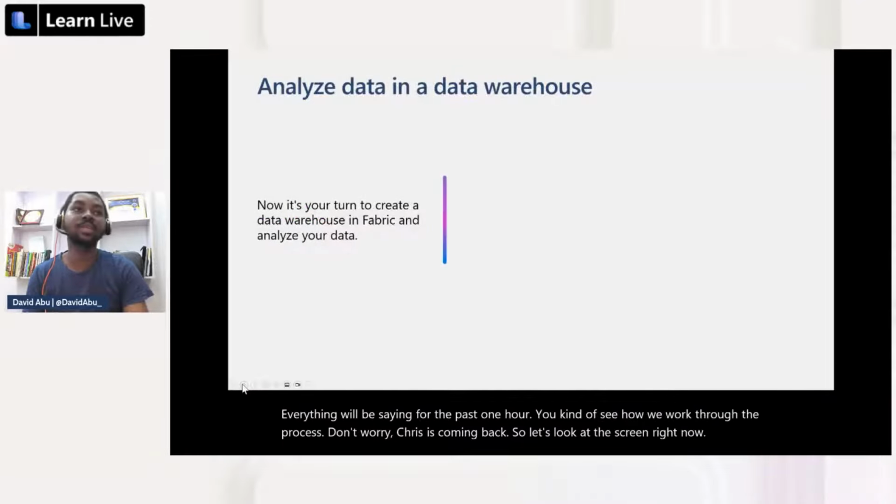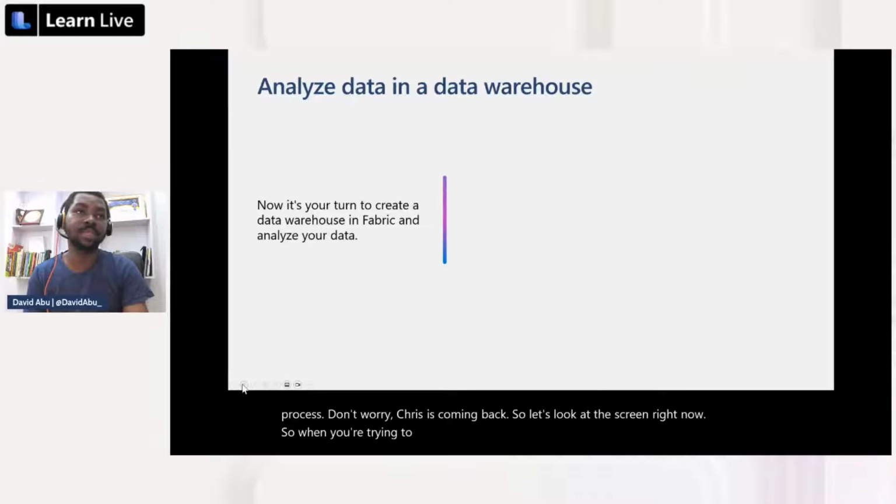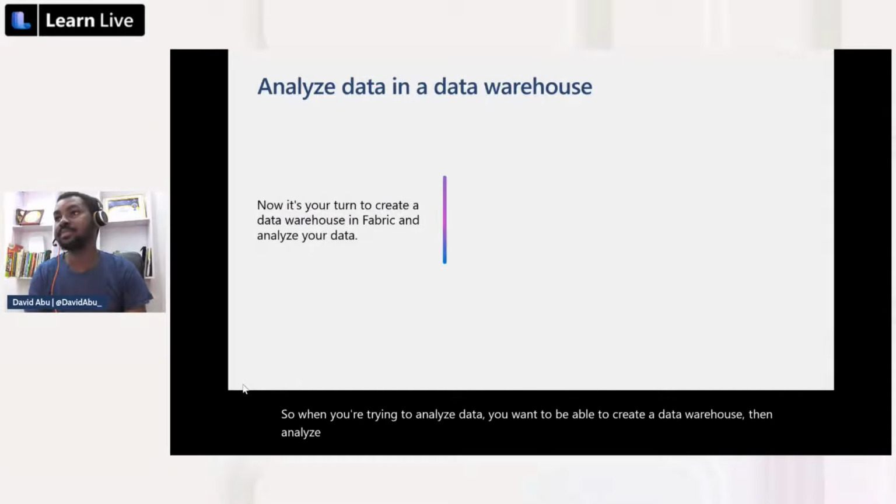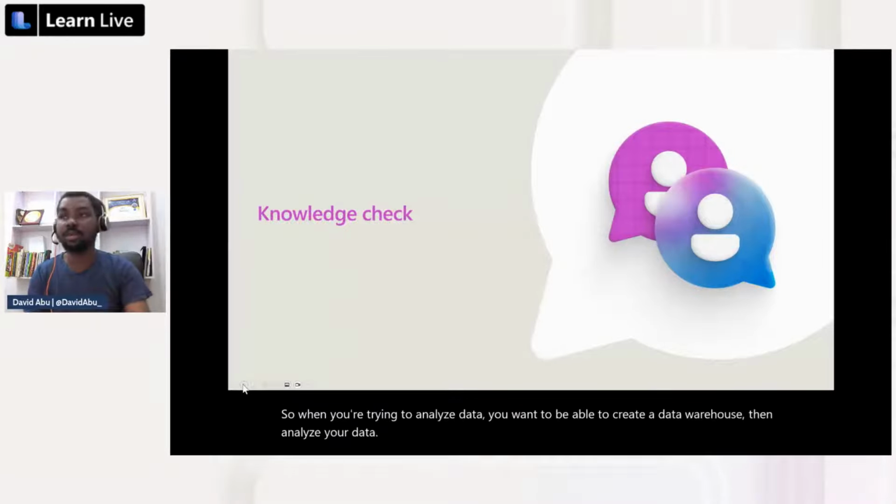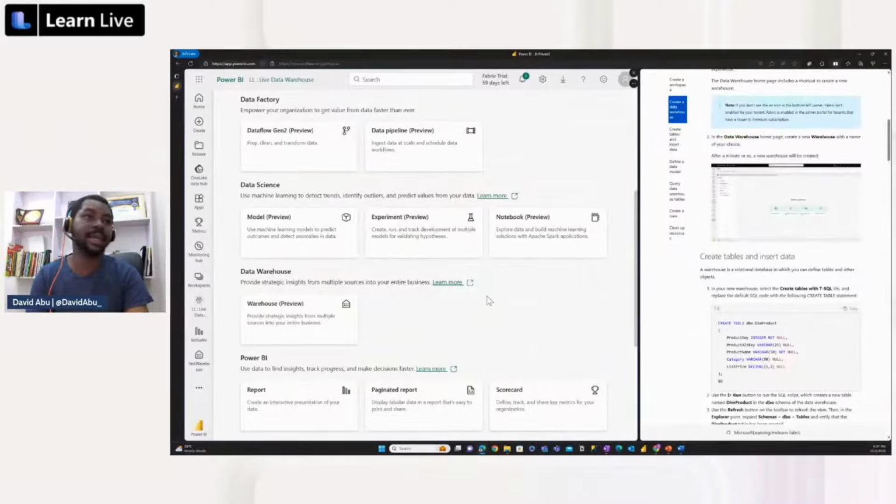So when you're trying to analyze data, you want to be able to create a data warehouse, then analyze your data. So let's go to the online and do the demo together. Right now I'm going to click on the data warehouse.